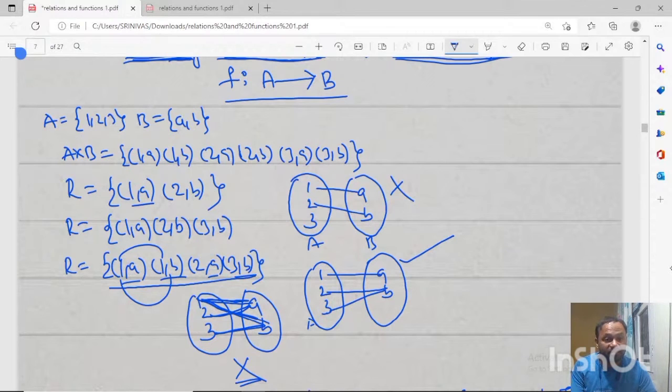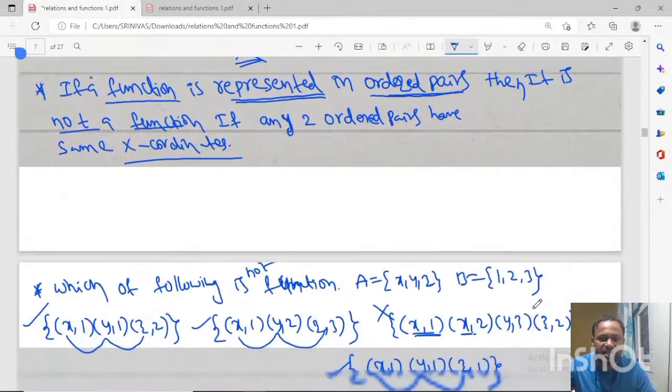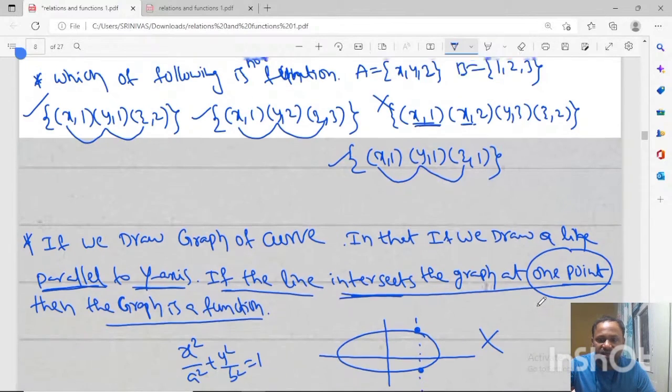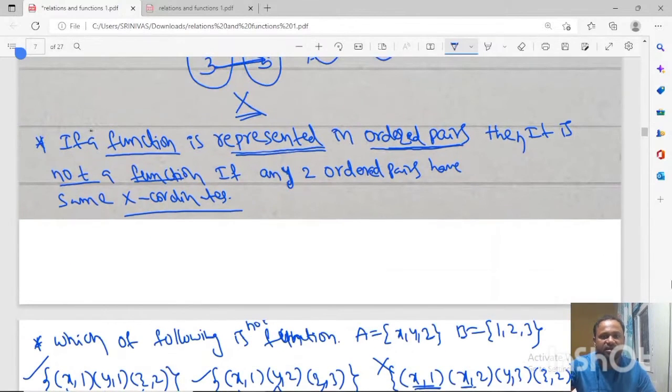Whenever ordered pairs are given, in ordered pairs we need to check majorly. I have written here, what is that? This one. If the ordered pairs, any two ordered pairs have the same x coordinates, then it is not a function.